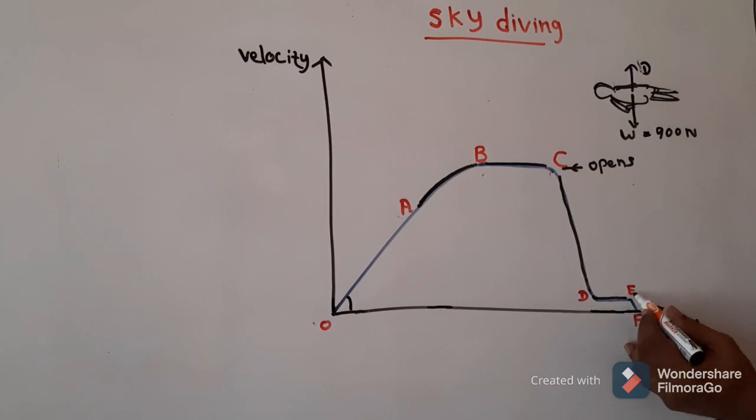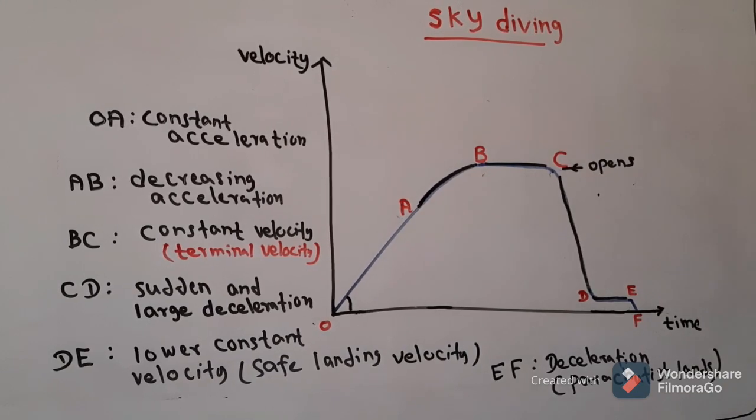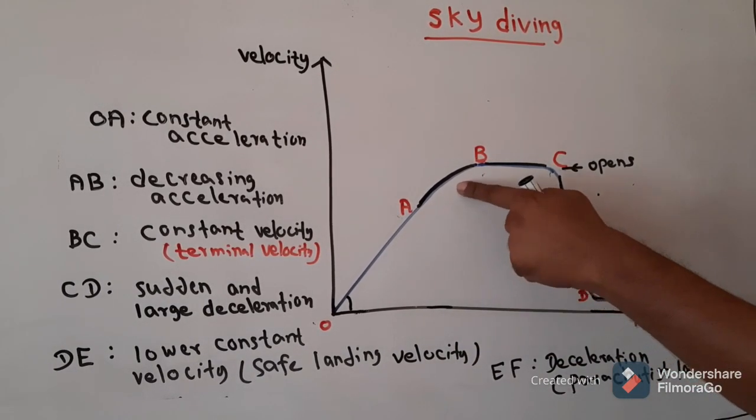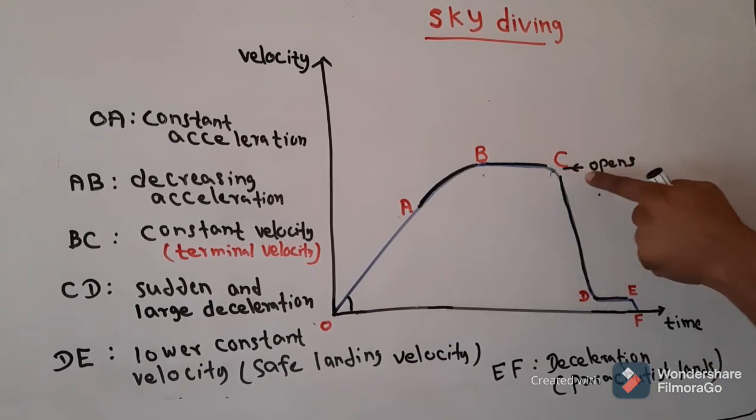And from E to F, this is a deceleration because the skydiver lands, or he touches his feet to the ground. Again, look at these basic shapes. OA, constant acceleration. AB, decreasing acceleration. BC, terminal velocity.